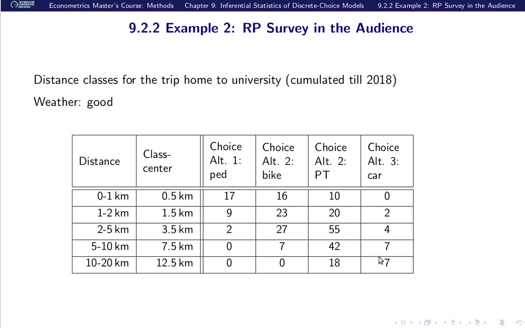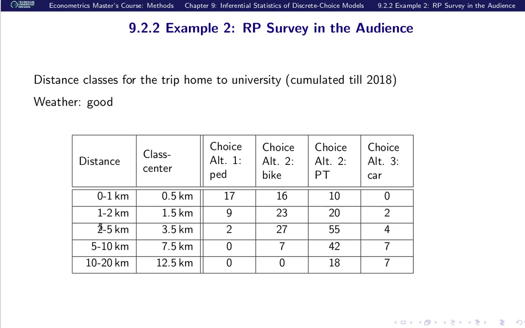How to model this? It's a sort of special case because I have no individual decisions. Just for economic purposes, time purposes, I surveyed one distance class simultaneously, just by raising the hands.